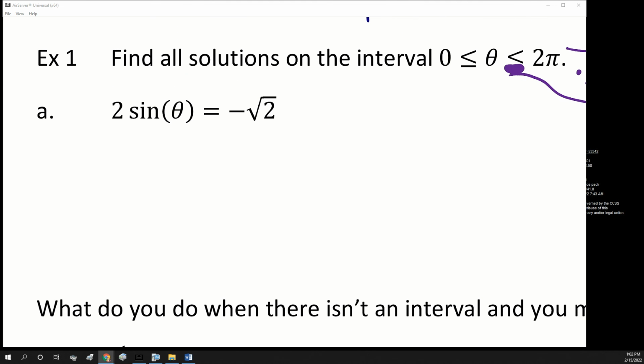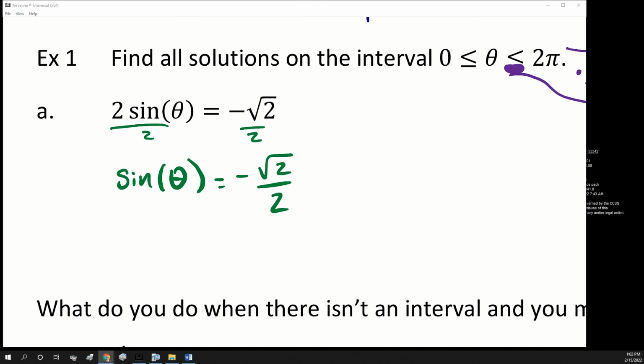All right, so what would you guys do on example 1a? Divide by 2. So first thing we want to do is get rid of the 2 that's being multiplied by the sine. So it's going to be sine of theta is equal to negative square root of 2 over 2.